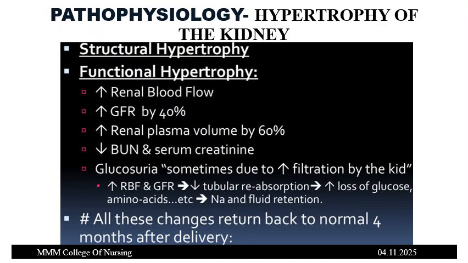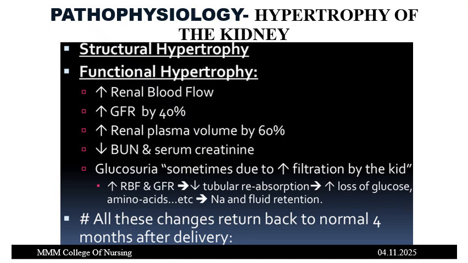Now we'll see the pathophysiology that is hypertrophy of the kidney. Till now we saw the pathophysiology due to structural, that is mechanical, causes, and we saw the hormonal. Next we'll see what happens because of the hypertrophy of the kidney.